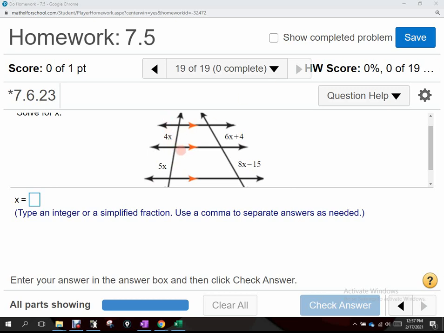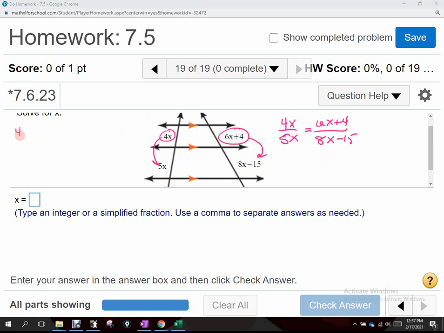All right, so the way I would compare these is I would say 4x compares to 5x, and then 6x plus 4 compares to 8x minus 15. Does that make sense? Now, there's other things you can do.